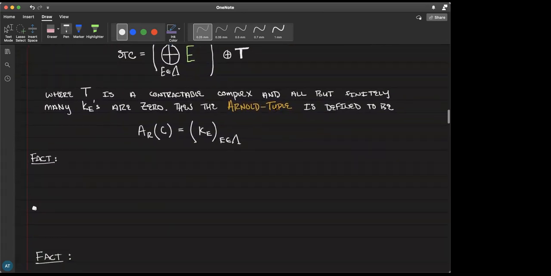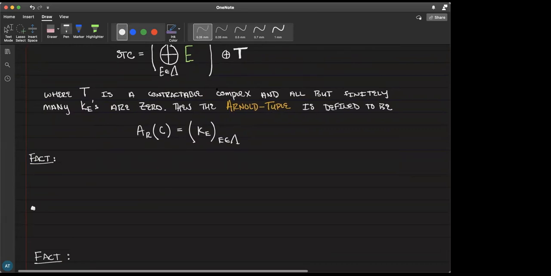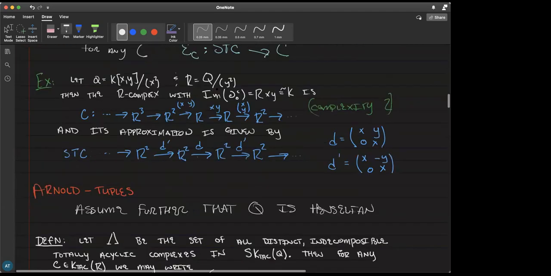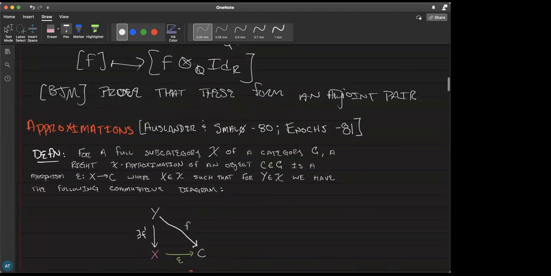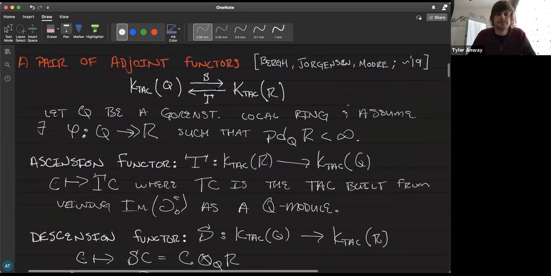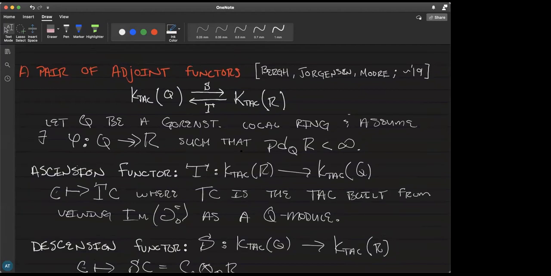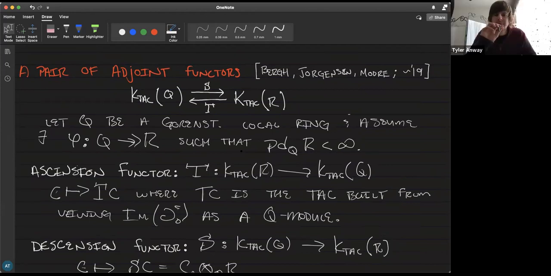Could I ask a slightly different question? Sure. For your functors, why do you need the projective dimension of R to be finite over Q? I think I missed it. So I know this, but being on the spot, I'm blanking. I know it has to do with making sure that this T is well defined.